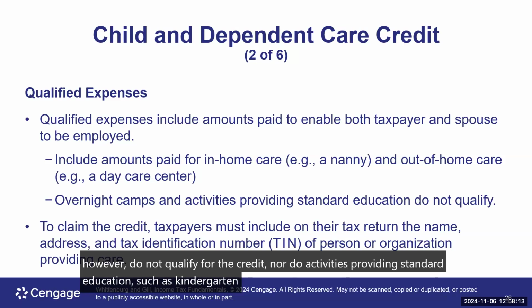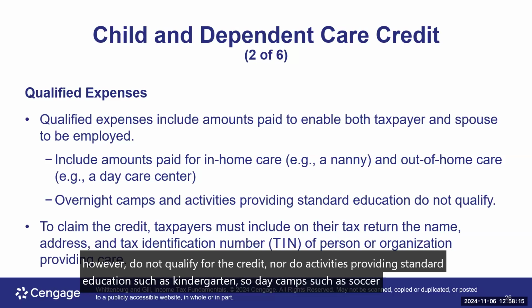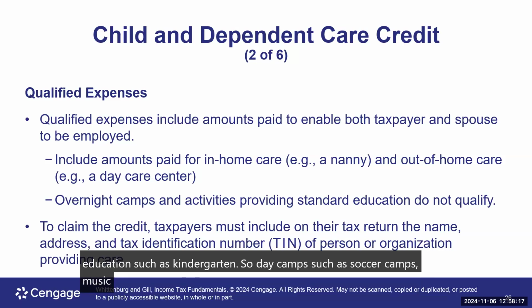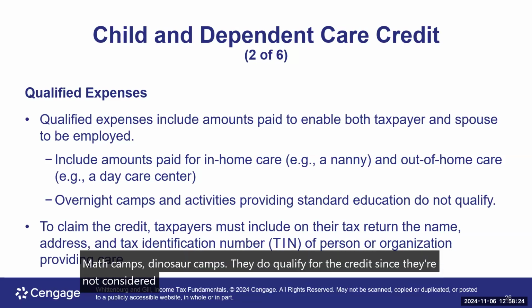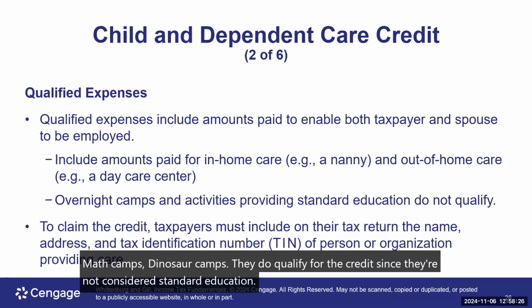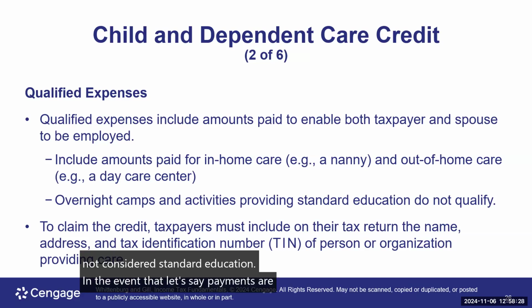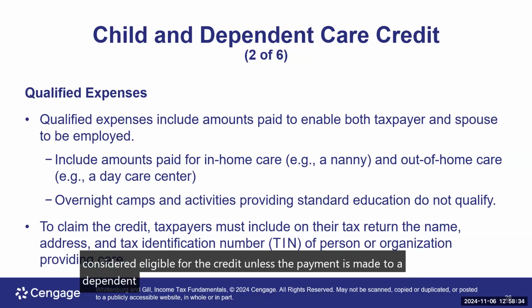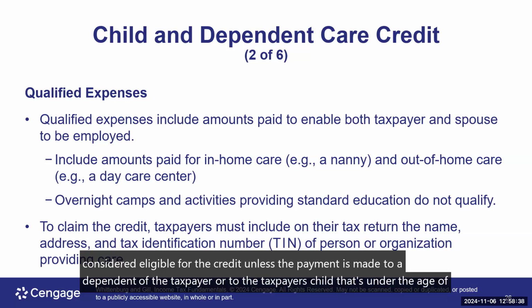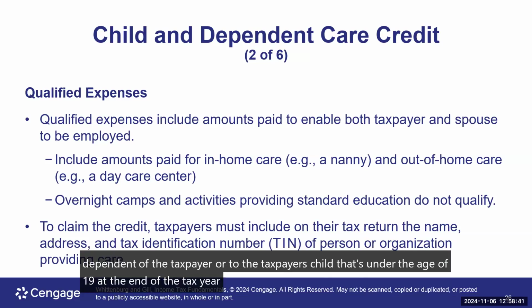Day camps such as soccer camps, music camps, math camps, dinosaur camps do qualify for the credit since they're not considered standard education. If payments are made to relatives, these are considered eligible for the credit unless the payment is made to a dependent of the taxpayer or to the taxpayer's child that's under the age of 19 at the end of the tax year. So, something to keep in mind.